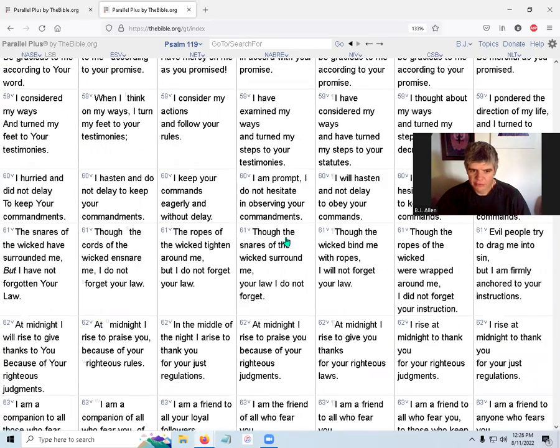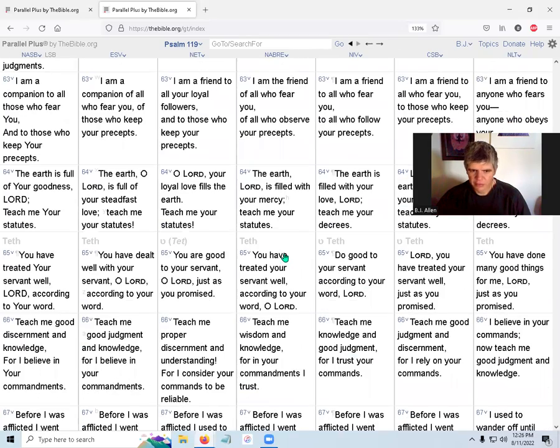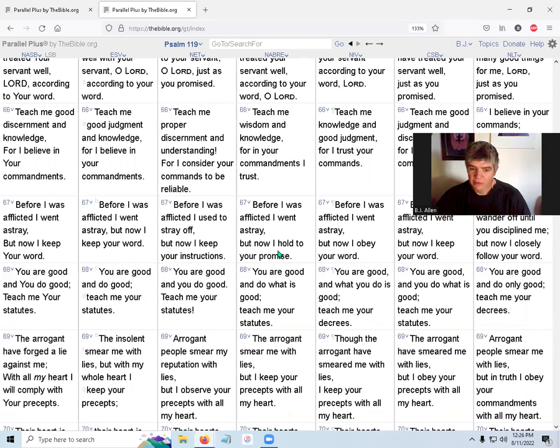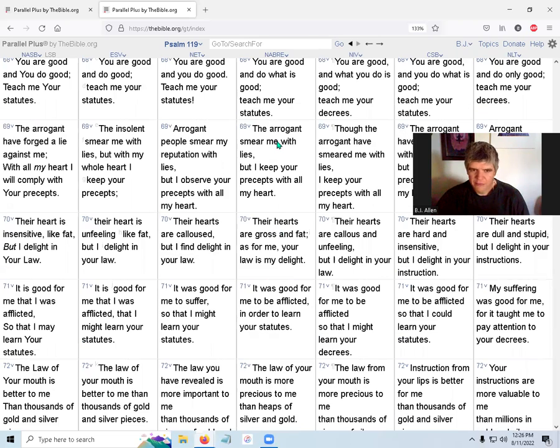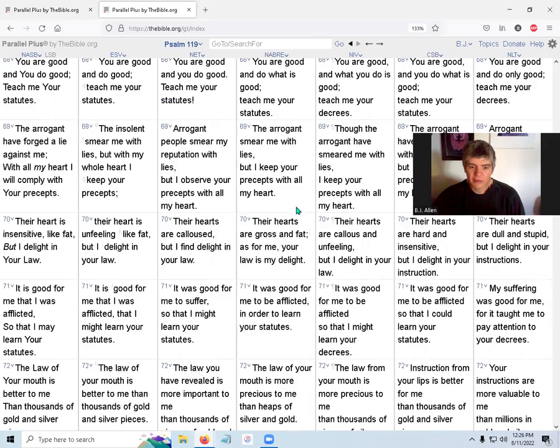Heth. I might have skipped one by accident. Teth. Here we go. Your word, your commandments, your promise. Okay. Your statutes. You can see how it's trying to stay together. It's structure. That's why I call it poetry, because it's got a structure. I think did we miss one? I don't know. Yod.